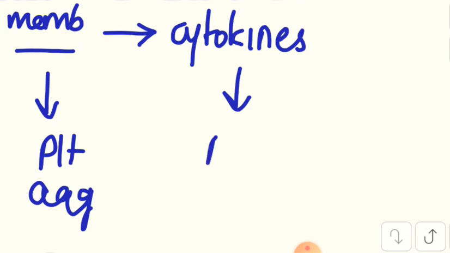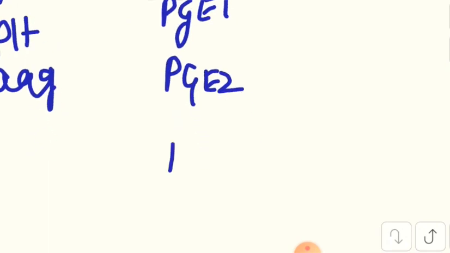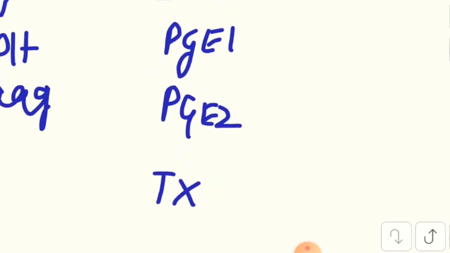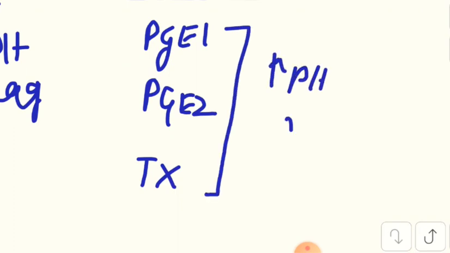It releases prostaglandins, mainly PGE1, PGE2, and thromboxane. These are all derivatives of the arachidonic acid which is there in the cell membrane, and all of these increase platelet aggregation and stimulate or trigger the coagulation pathway one way or the other.